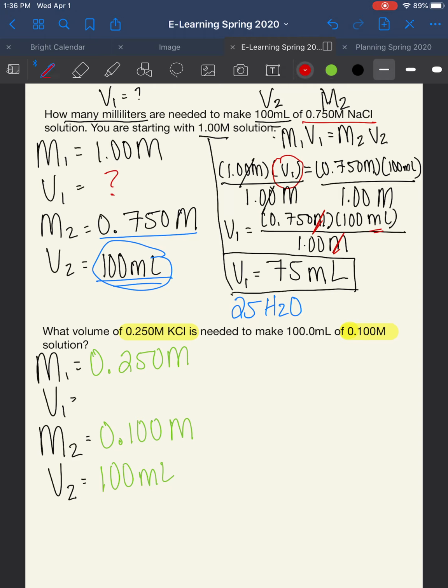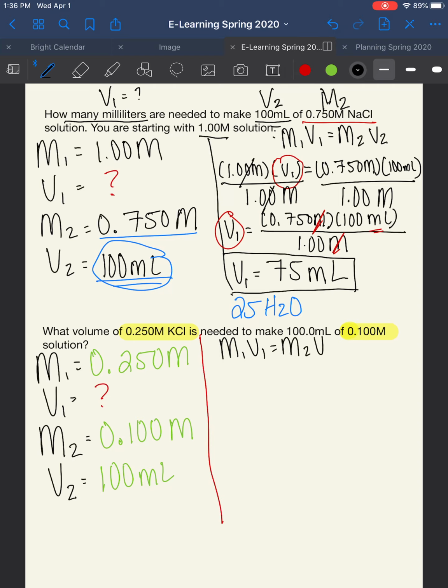Just like in the previous example, my V1 is going to be my unknown. Since I already have the V1 equation from the first example, that'll help us here a little bit. I'm still going to start from the top though.